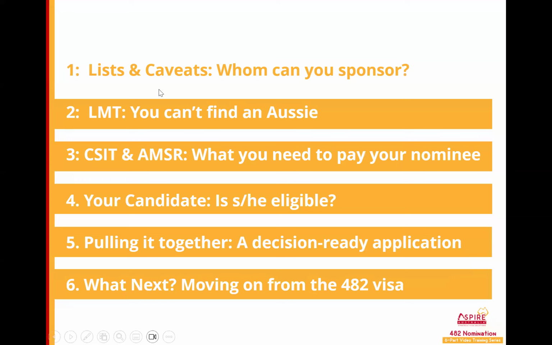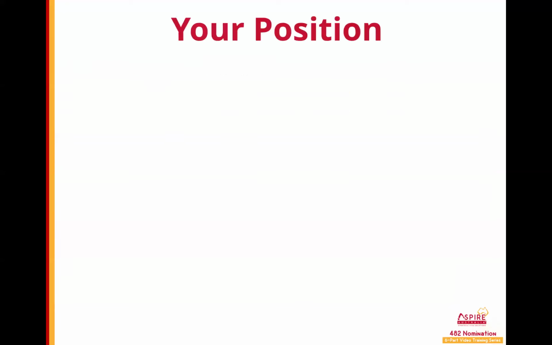In this first video, we will look at who you can sponsor in terms of occupation lists and caveats. The first step, however, is for you to really nut out the details of the position you have available, including details of the responsibilities. What are the top 3 responsibilities for the role? What are the tasks that will be undertaken specifically in the role?